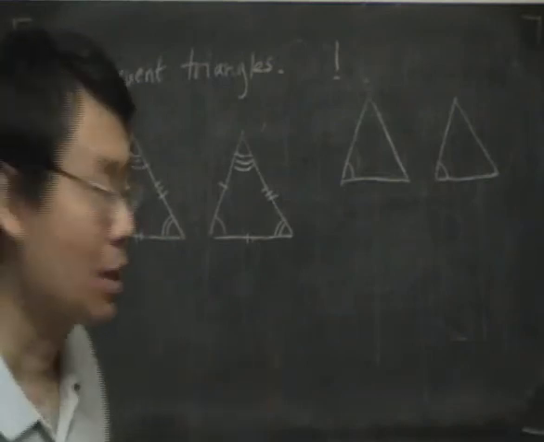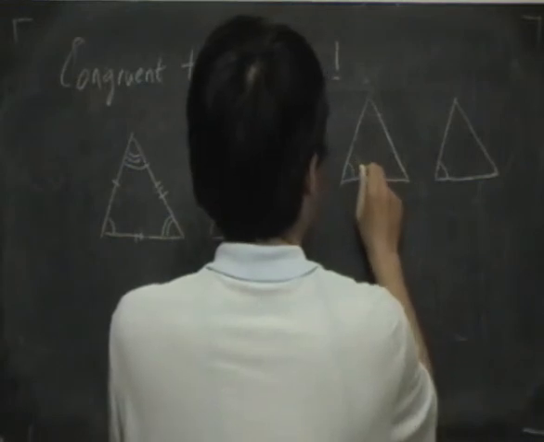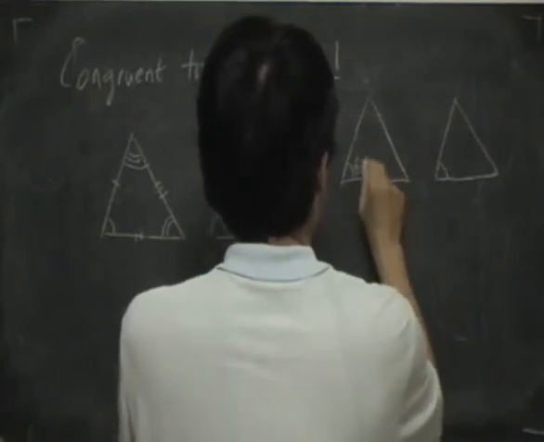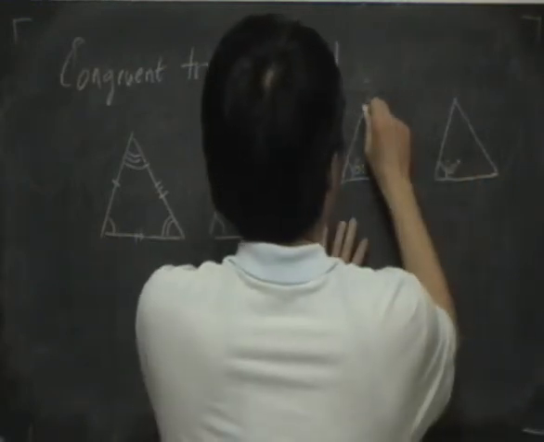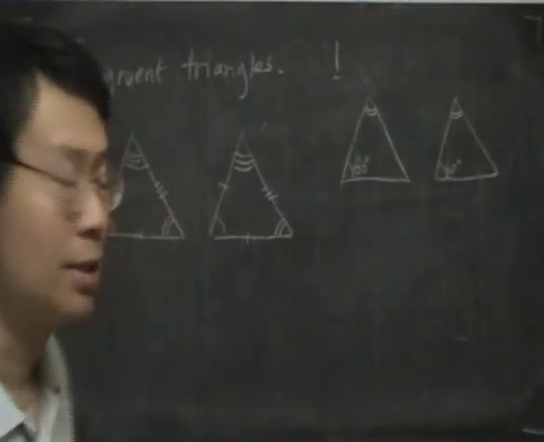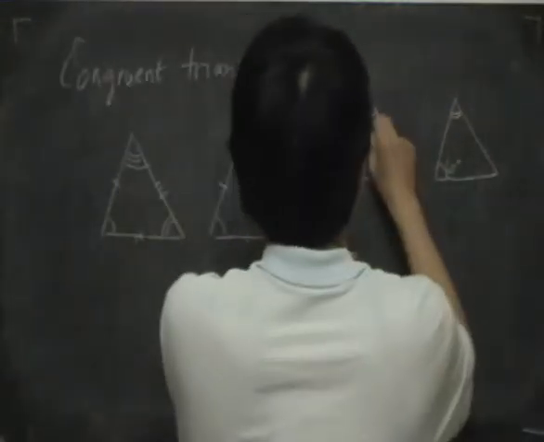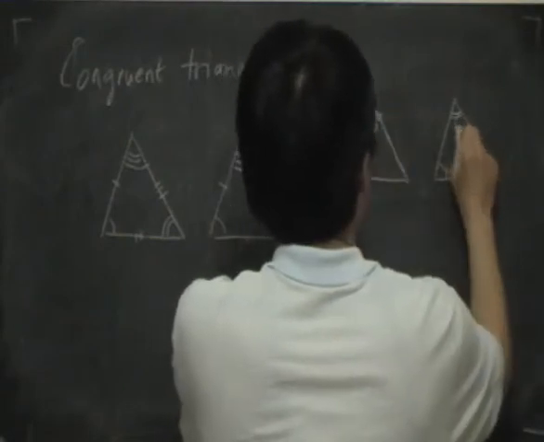Just to make it more obvious, let me put in some numbers and call that, say, 60 degrees. And suppose that those 2 angles are equal. So suppose it is 50 degrees.